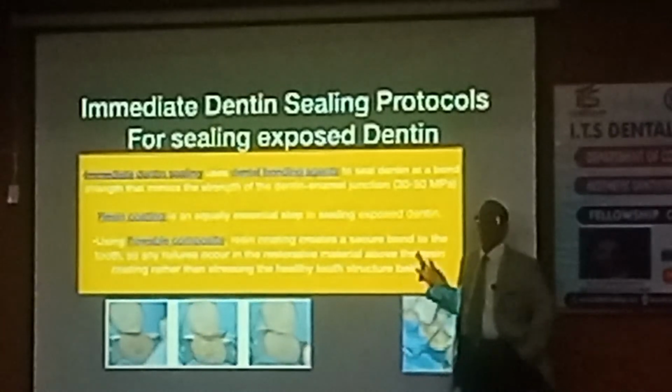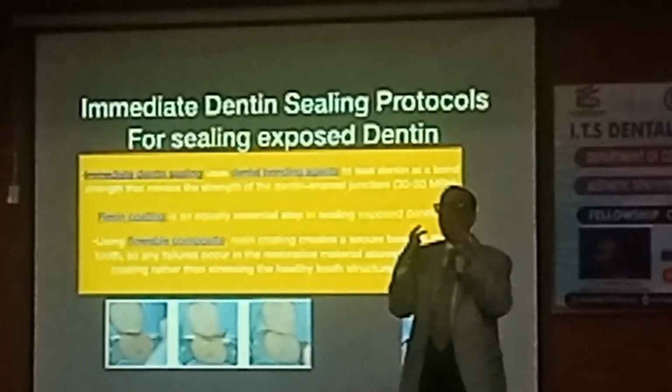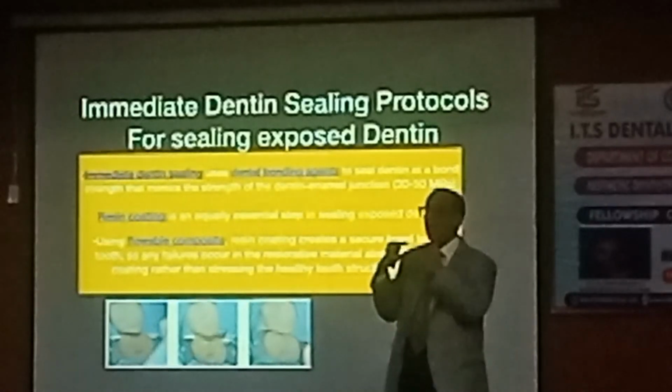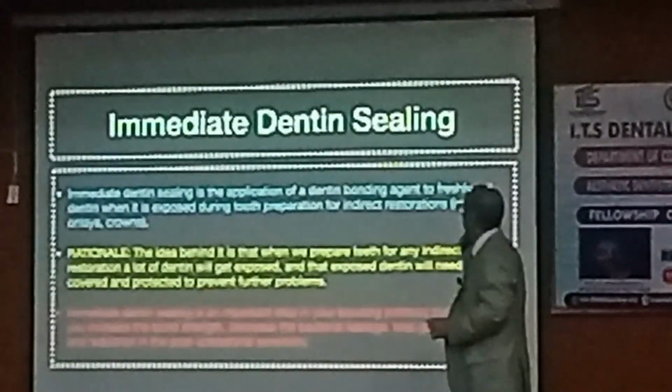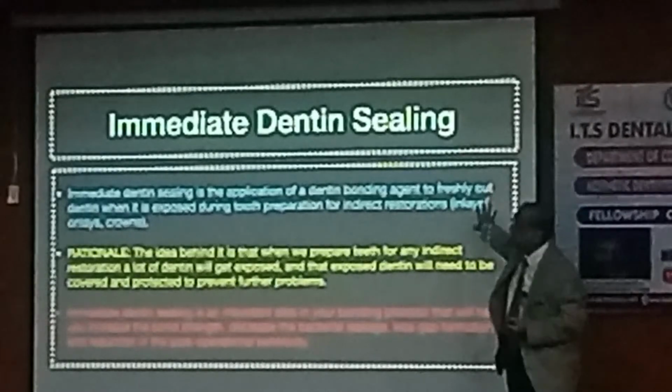So I am trying to first maintain your healthy tooth structure. It doesn't get irritated, it doesn't get sensitive, it doesn't give you pain, okay? And secondly, the bonding aspect, right? So immediate dentine sealing is the application of a dentine bonding agent to freshly cut dentine.